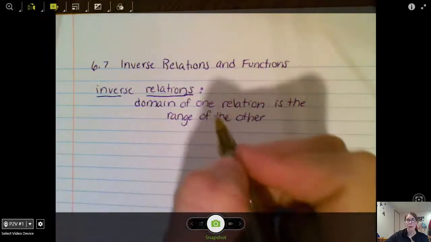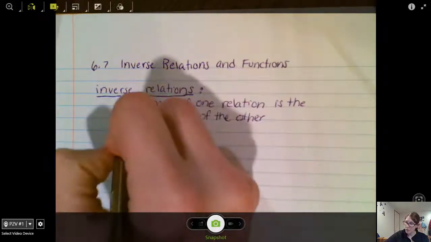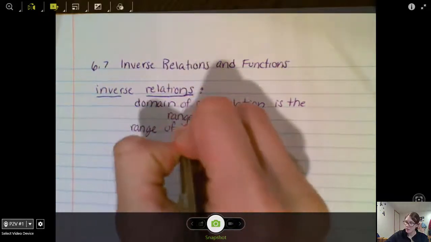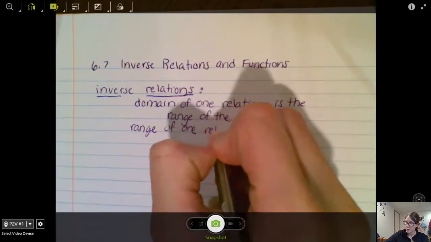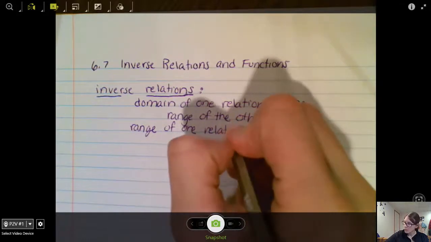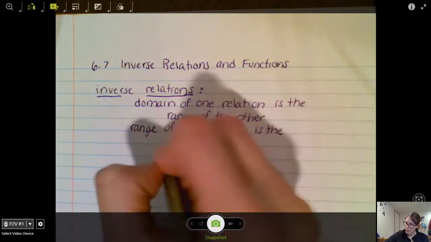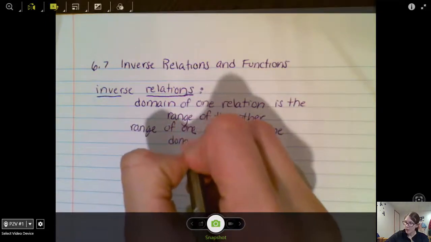And same thing with the range. The range of one relation is the domain of the other.